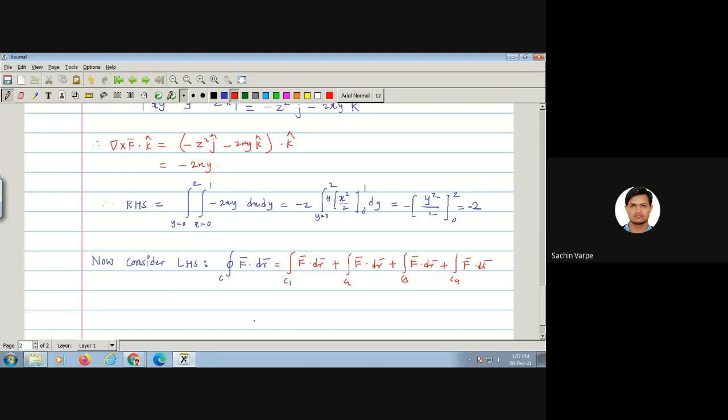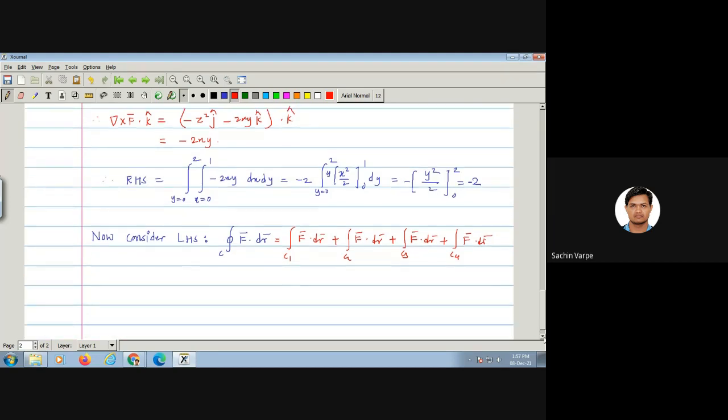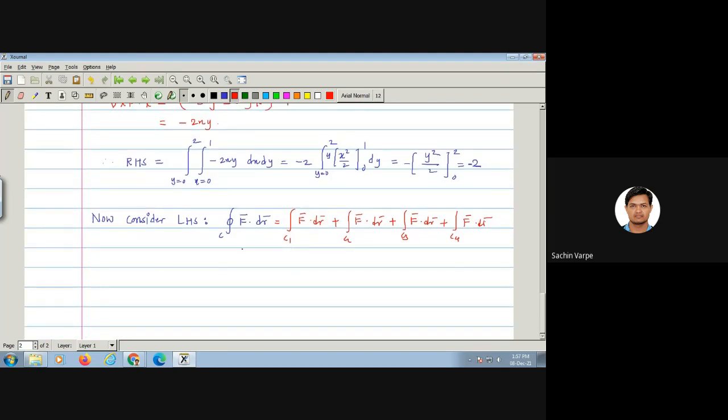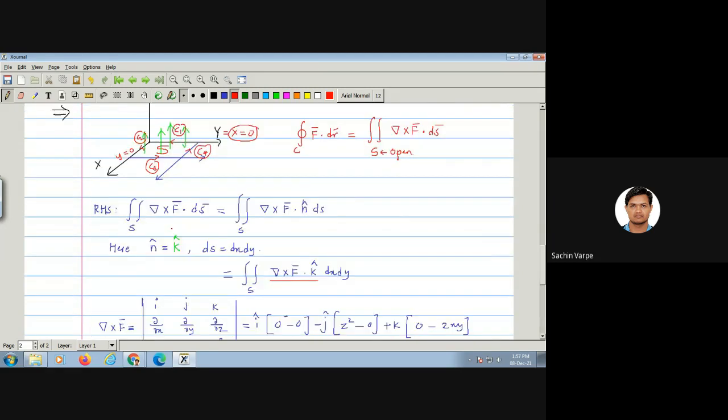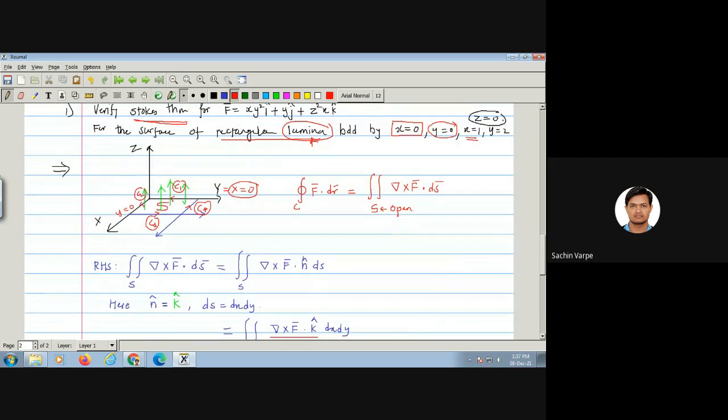Is this clear? Now let us calculate the integrals one by one. So along C1, the x component is 0, right? Along C1. Is this clear?